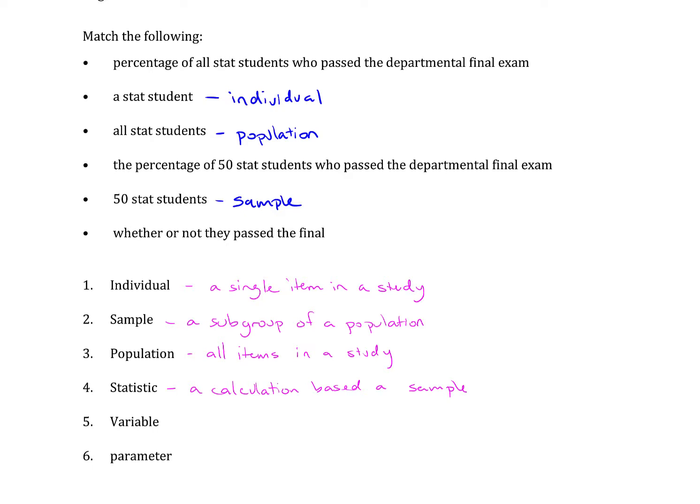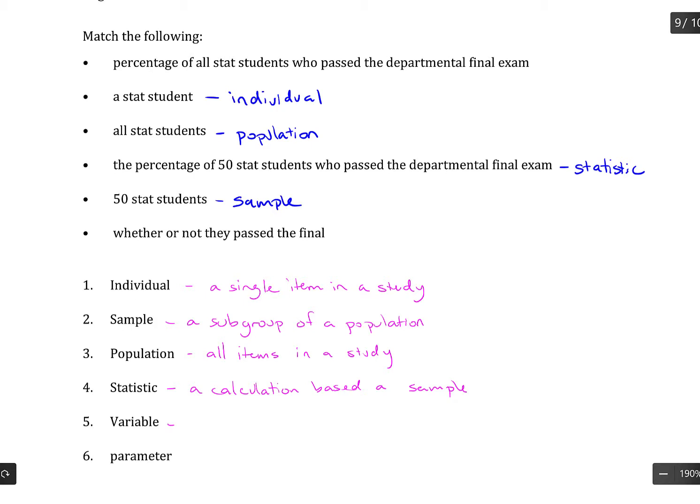Then we have next the percentage of 50 stat students who pass the departmental final exam. That sounds like a statistic, because we're only referring to the 50 in the sample, and we're looking at the percent who passed. And so that's a calculation based on a sample, so that would be a statistic.